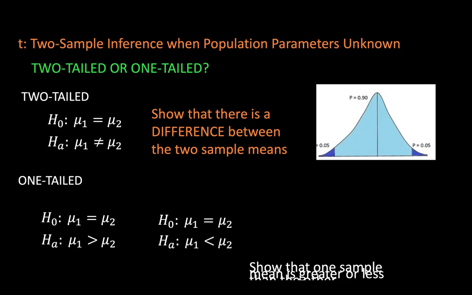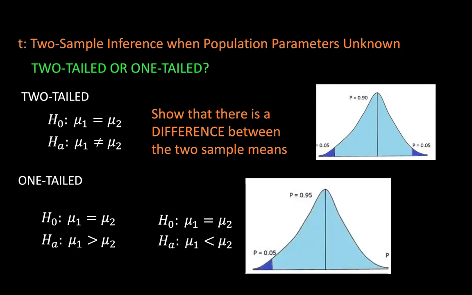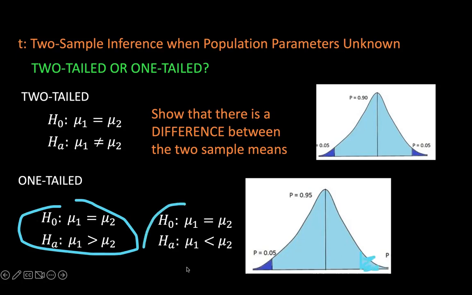We simply want to show that one population mean is greater or less than the other. This is the graph corresponding to that. For the one on the left, we want to show that one is less than the other. For a two-tailed test, the area would be shaded over here instead, and that corresponds to the second one.